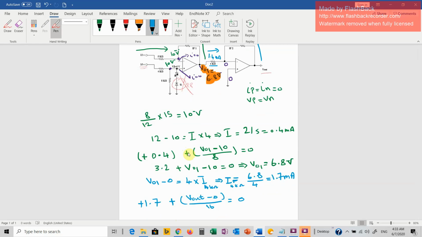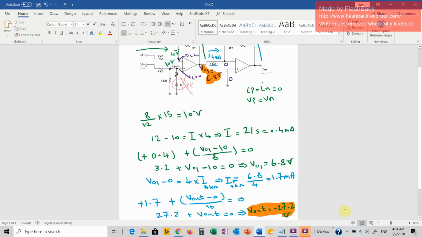If you multiply this by 16, it's going to be 27.2 plus V out is 0 equal to 0. That leaves V out equal to minus 27.2 volts. And that's our answer for this numerical problem.